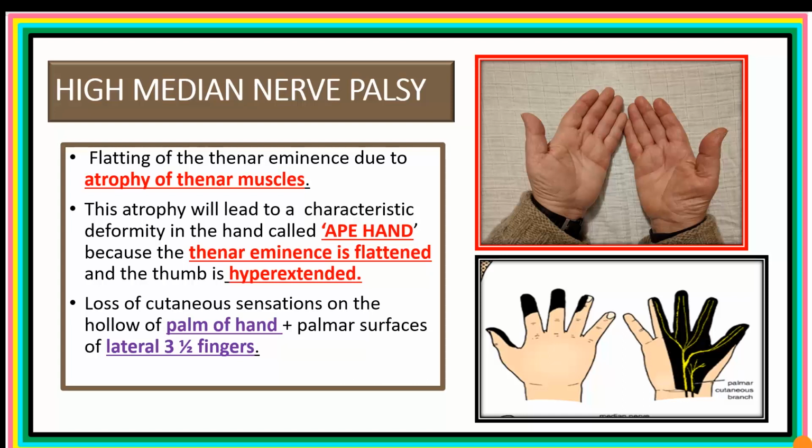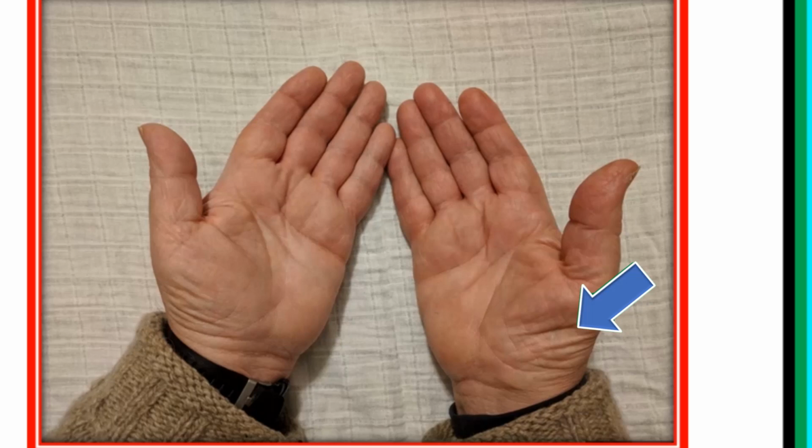As a result of the loss of innervation to the thenar eminence, there will be atrophy of all the muscles in the thenar eminence. These thenar muscles will atrophy and will look like this. Here, the muscles have atrophied because of the loss of nerve supply from the median nerve. This atrophy will lead to a characteristic deformity in the hand, which is called the ape hand.